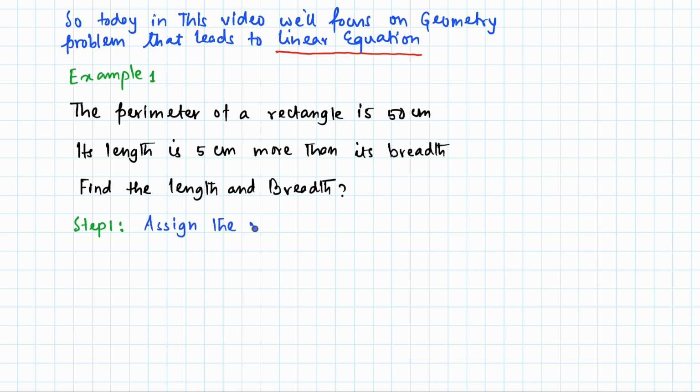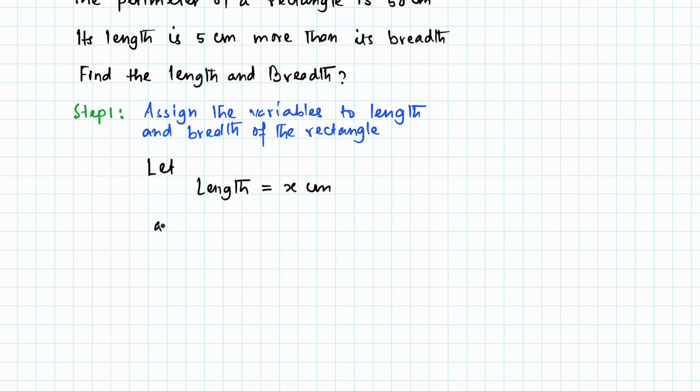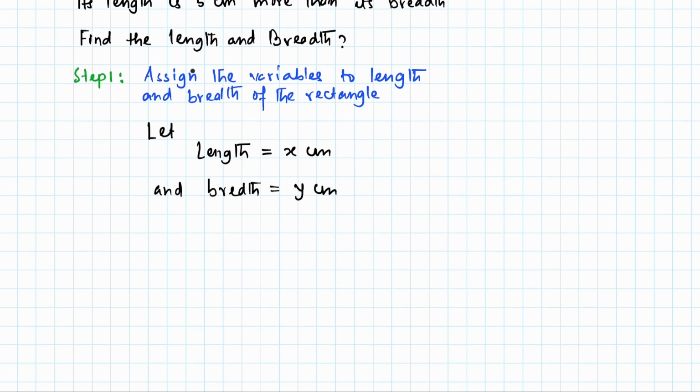So let us solve this using the step-by-step method. Step 1, we will assign the variables to the length and breadth of the rectangle. So let the length be x centimeter and the breadth be y centimeter for the given rectangle.